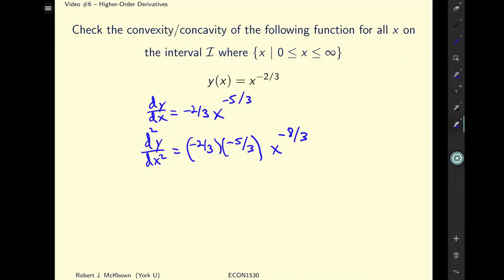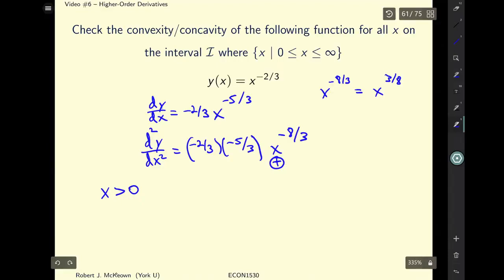And we know we're interested when x is strictly greater than 0. If x is 0, not much going on. So remember that x to the negative 8 over 3 is equal to 1 over x to the 8 over 3, and that's going to be a positive value. And then we've got a negative and a negative, and a negative times a negative is going to be a positive.